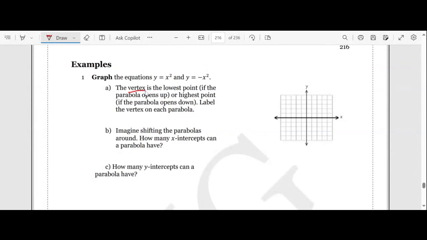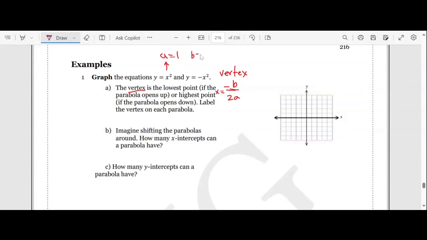First, I need to find the vertex. To get the vertex, it's negative b over 2a. So we get x equals negative b over 2a. How much is a? 1.